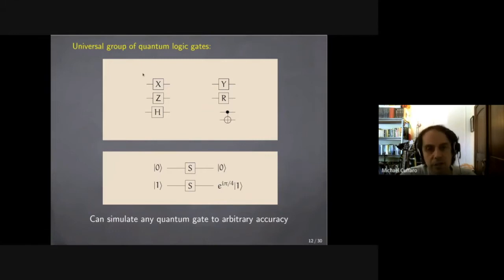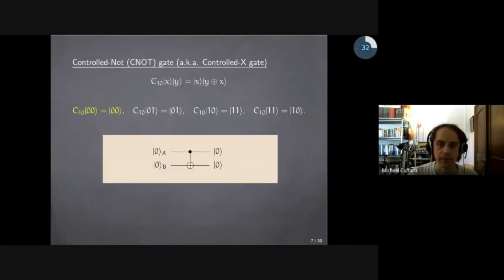In the sense, as I think Roberto mentioned yesterday, that we can simulate any quantum operation to arbitrary accuracy. Go back to the classical case again.